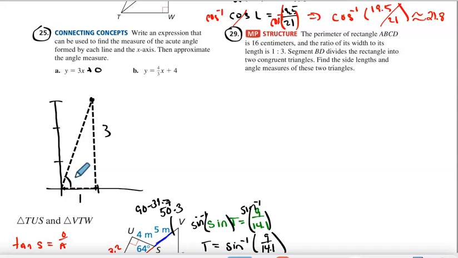And what they're asking for is this angle here, and I'll call this A. So what is this missing angle here? What do you have? You have opposite and adjacent.